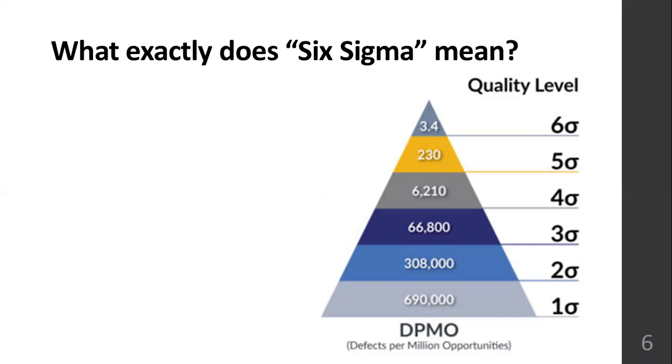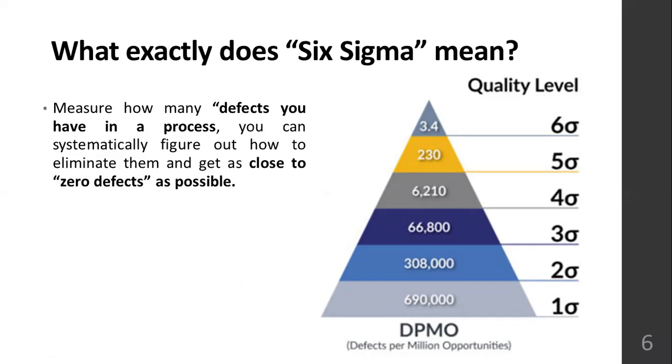And what does Six Sigma mean? It measures how many defects you have in the process, and you can systematically figure out how to eliminate them. Only if you know what is a waste and what the defects are can you understand how to remove them.